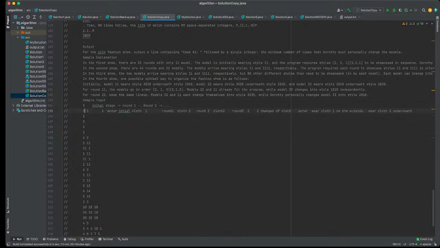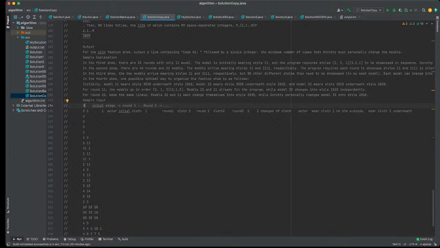So my strategy to solve this problem is, to simplify the problem, suppose every person cannot wear underneath clothes. In this case it is very easy to solve, because to calculate the minimum changes needed to transform one stage to another stage, we just calculate the occurrence of each clothes in between.